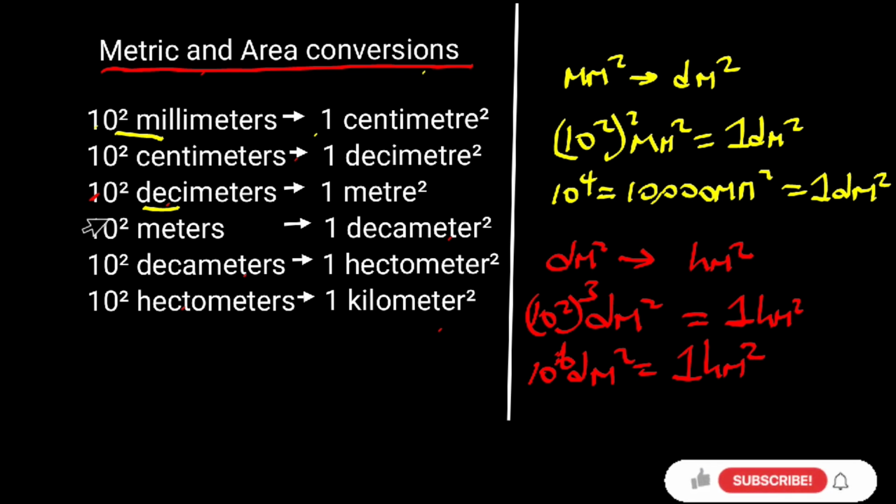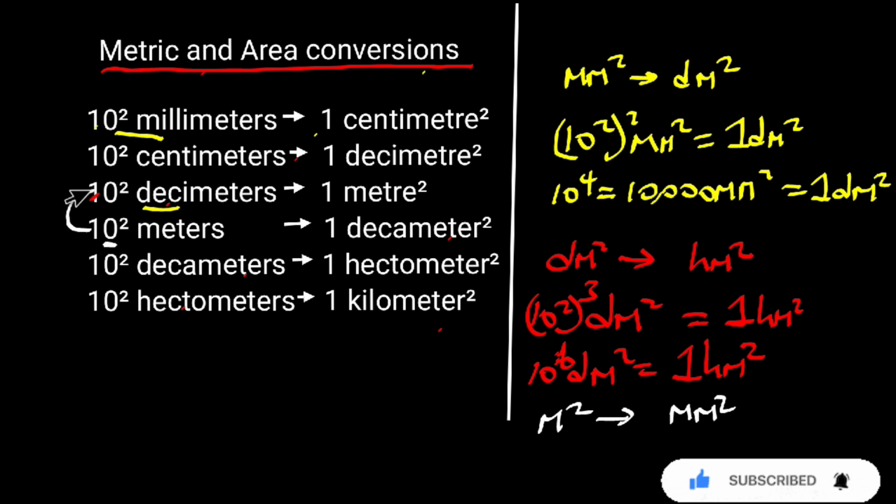So let's assume we want to convert from square meters to square millimeters. The same thing, we're going to start from 10 square meters, and then let's count 1, 2, and then all the way to 3. So this is going to be 10 squared raised to the power 3 square meters is equal to 1 square millimeter.